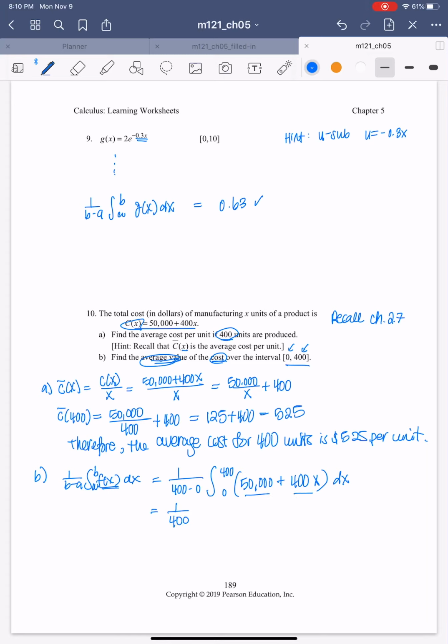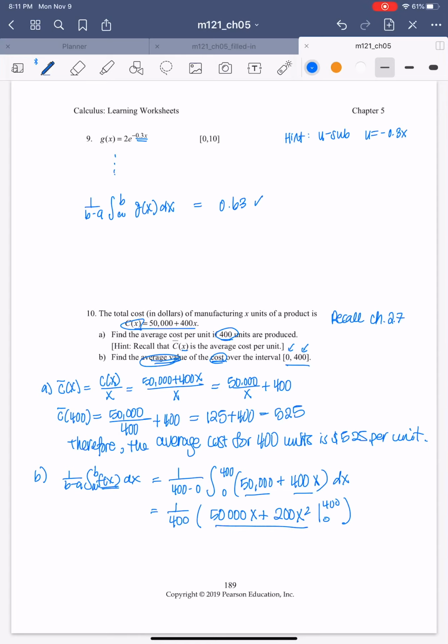And term by term, 50,000 is a constant, so we get 50,000x. 400x squared divided by 2, so I'm having 200x squared, going from 0 to 400. And we are going to multiply that by 1 over 400.